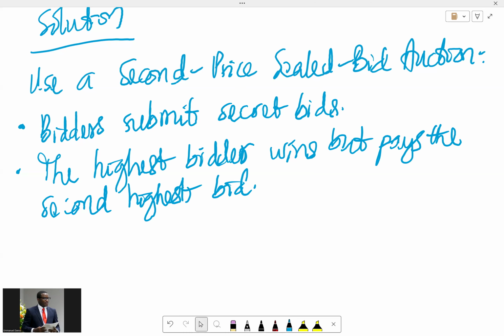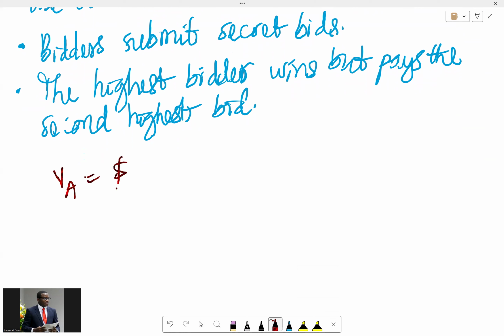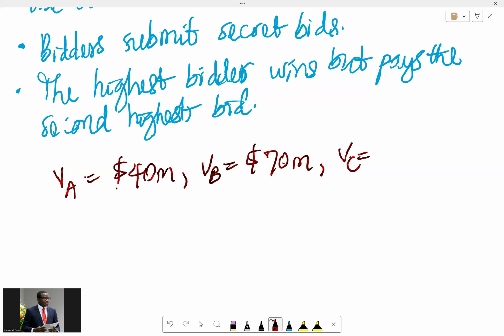So if you have four bidders, for instance, the value submitted by bidder A is $40 million, bidder B is $70 million, bidder C is putting up $100 million, and bidder D is putting up $50 million.